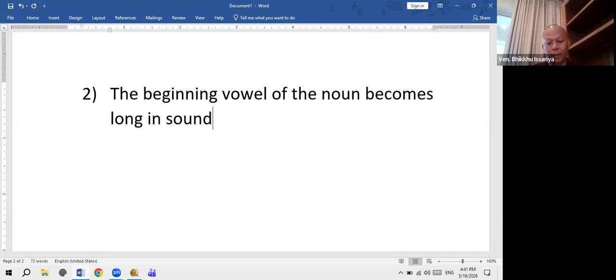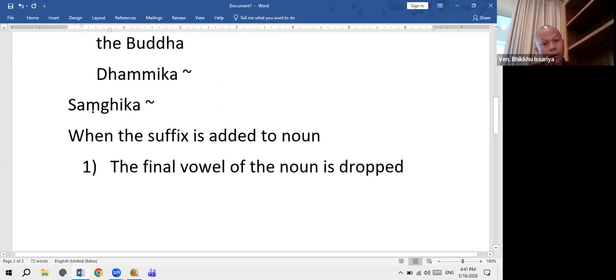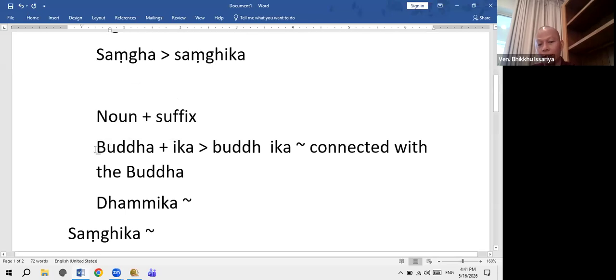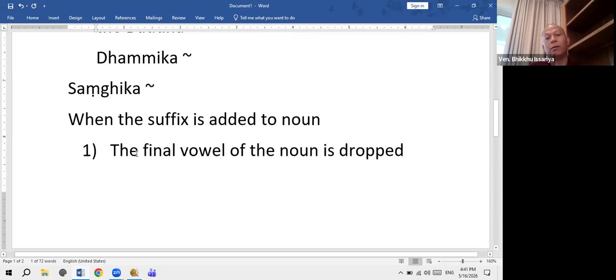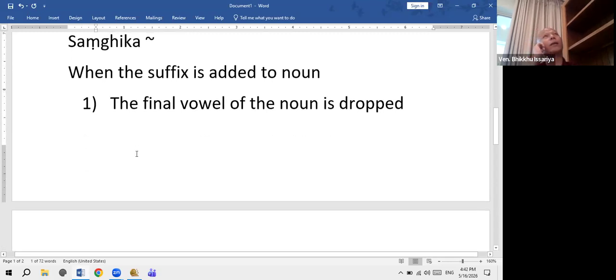Later we will see what it is. Now in the word Buddha, the beginning is not a vowel but a consonant, ba, so the sound does not change. And the following one is also a consonant, so that also does not change.